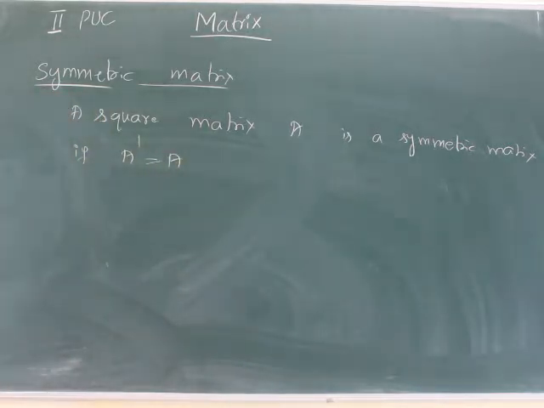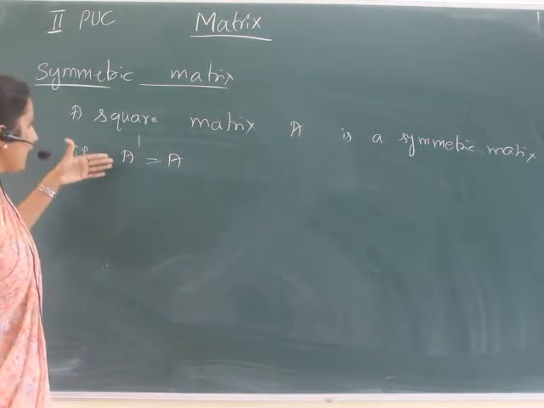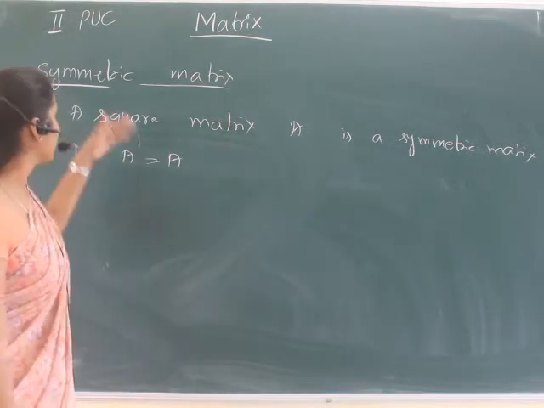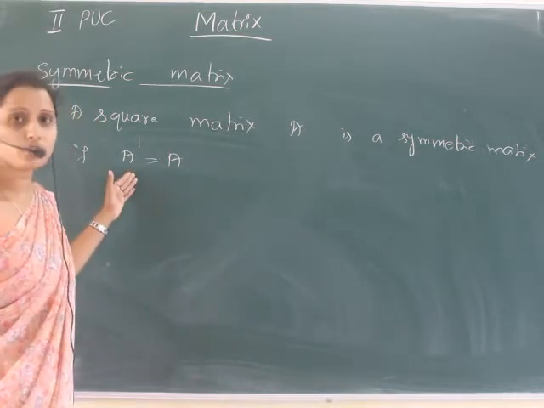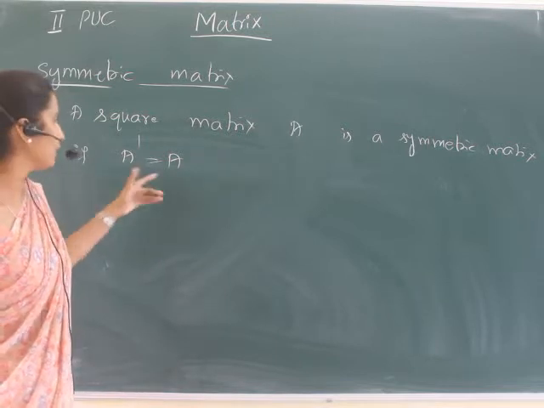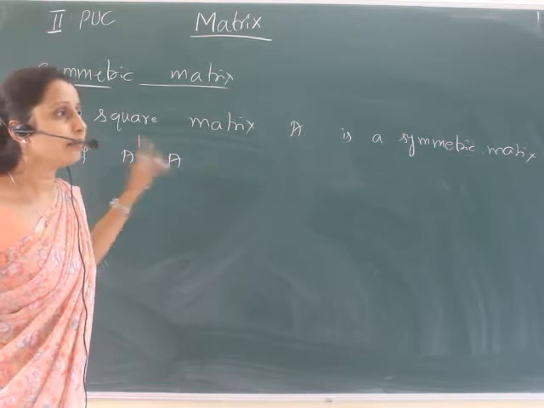For any matrix, if the given matrix is a square matrix and A transpose is equal to A, then the given matrix is called a symmetric matrix. When we calculate the transpose of a given square matrix, again if we get the same matrix, then we call that matrix a symmetric matrix.